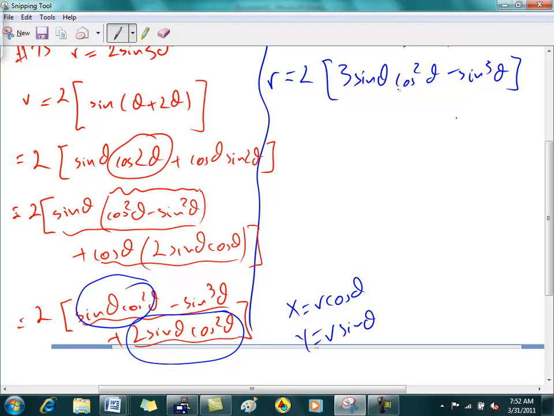See how cosine theta has an r with it, and sine theta has an r with it? Except you've got a cosine squared, so you're going to get an r squared out of there, and an r out of sine theta. So really, you want an r cubed in here, and then you want an r cubed here as well, because this is sine cubed theta.